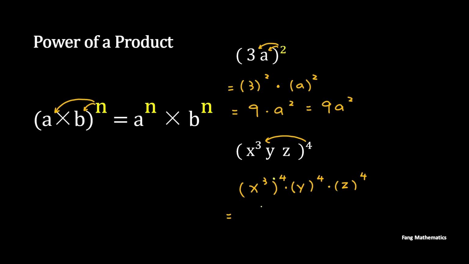You have the power inside the parentheses multiplied by the power outside of the parentheses. So you have x to this power, and you have your y component, and since y is to its first power, so 1 times 4, you can just put y to the power 4, so as z to the power 4. And let's simplify the first component we have. So I believe x to the power of 3 times 4 gives you 12. So x to the power of 12, y to the power of 4, and z to the power of 4.